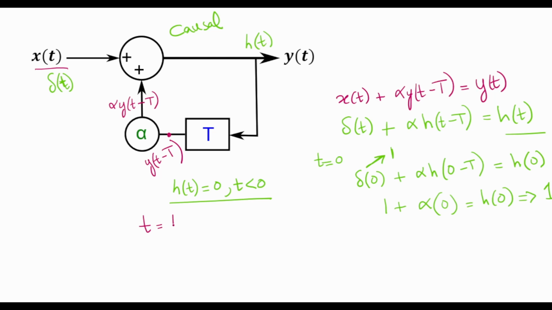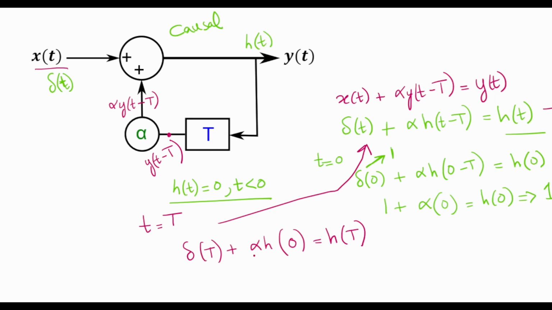Now I can put t equal to capital T, which is the time delay. Let's call this equation number 1. Then the equation becomes delta t plus alpha times h of t minus T, which would be h of 0, is equal to h of t.